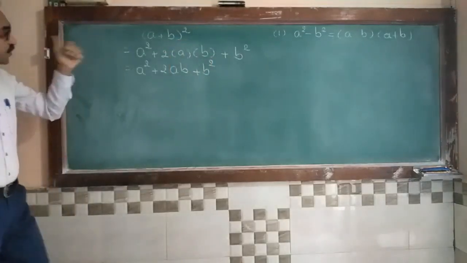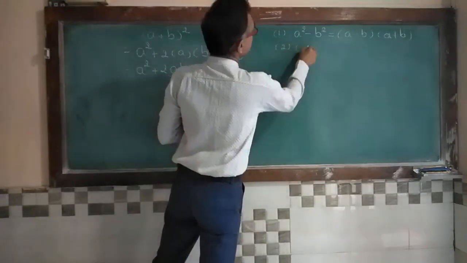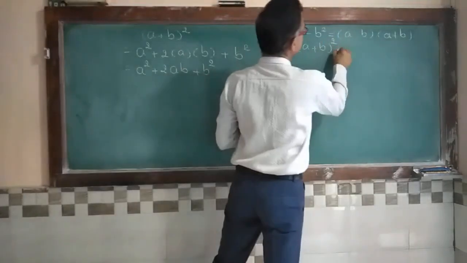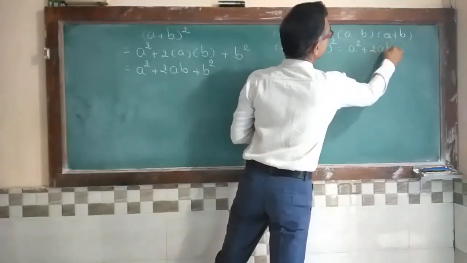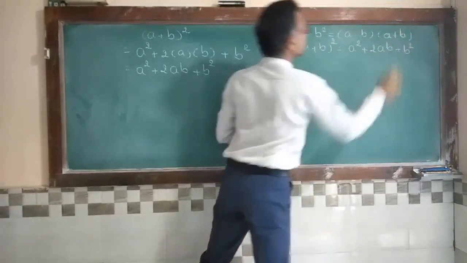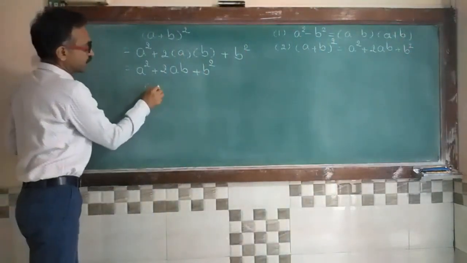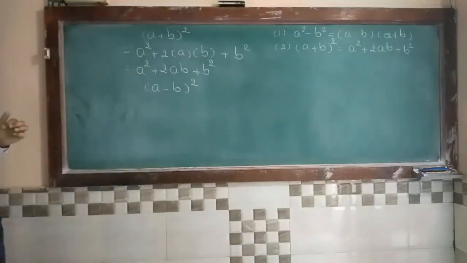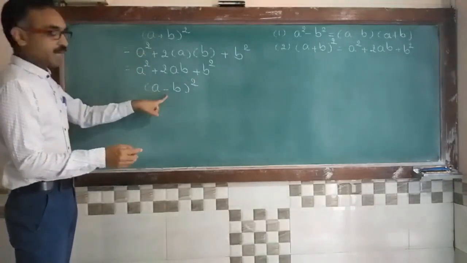So the second one is, if a plus b whole raised to square is given to you, the answer is a square plus 2ab plus b square. Then if you are given a minus b whole raised to square, here plus is there, here minus is there.